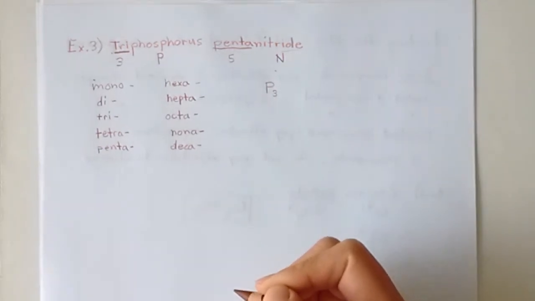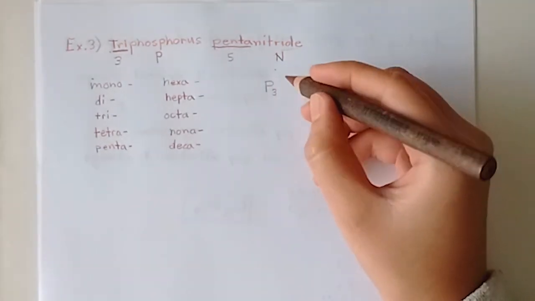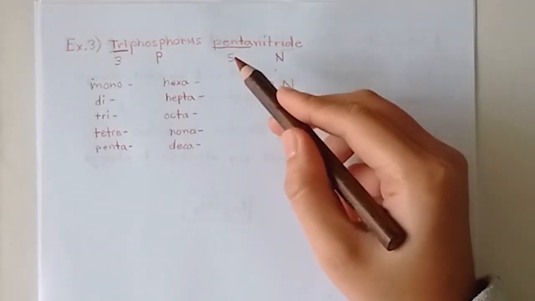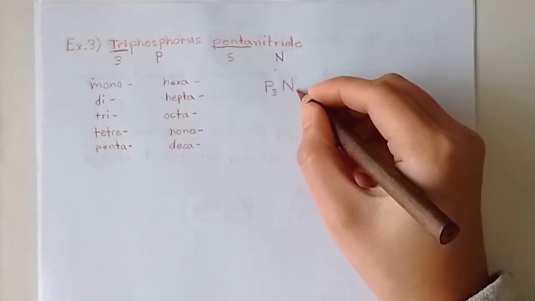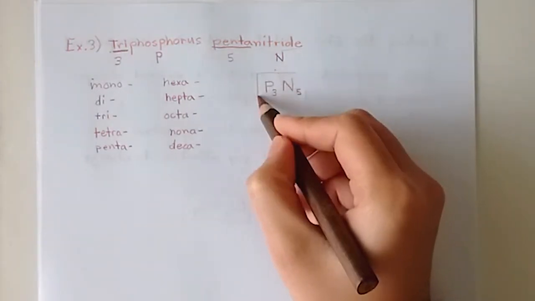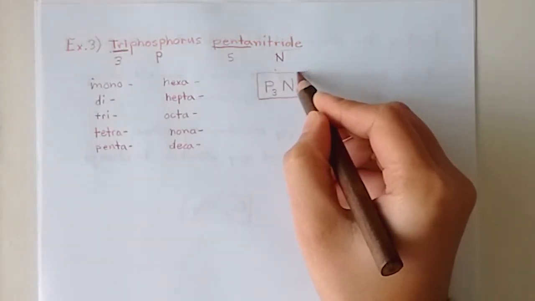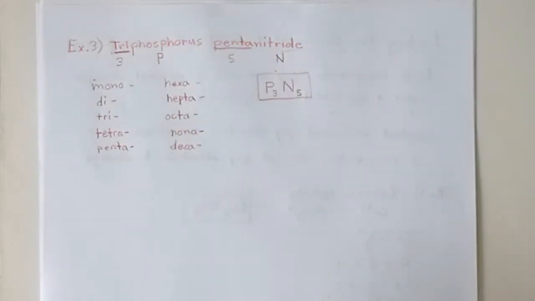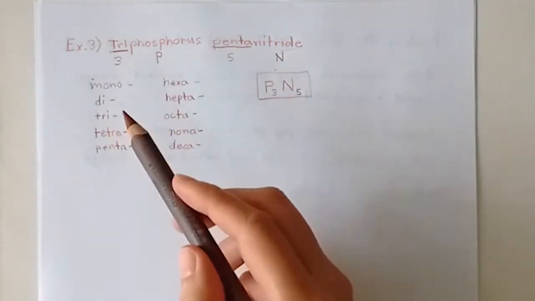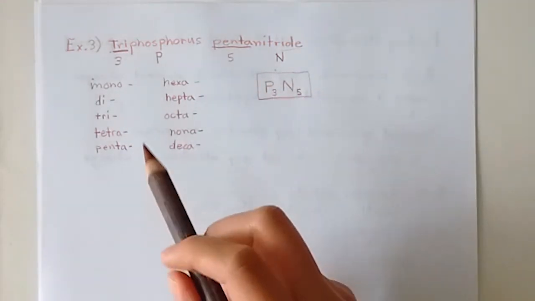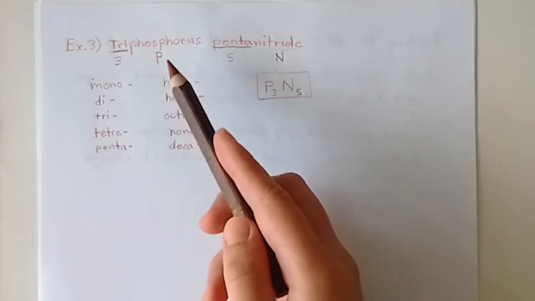The next is a nitrogen, and we know that we have 5 of them. So the 5 here will go as a subscript. So this is the chemical formula for triphosphorus pentanitride. The prefixes indicate numbers, which we put as subscripts, and from the symbols from the periodic table, we write the chemical formula.